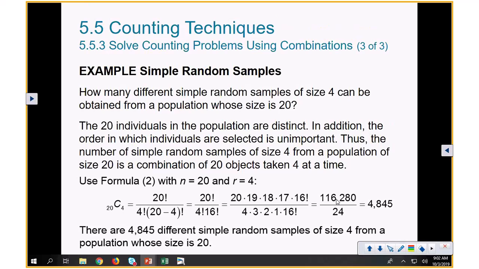I'm sorry. So make sure you get 4,845 on your calculator right quick. And do you still have things cancel? Yes. 16 is going to cancel. But the 4 times 3 times 2 times 1, is it still going to be there? Yes. Make sure you understand that. Can you cancel more than once?